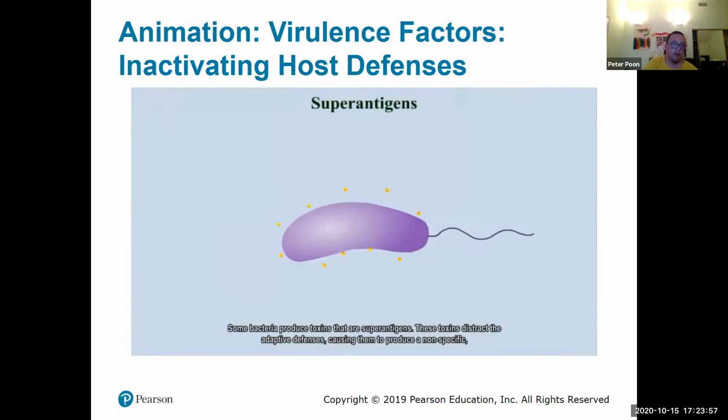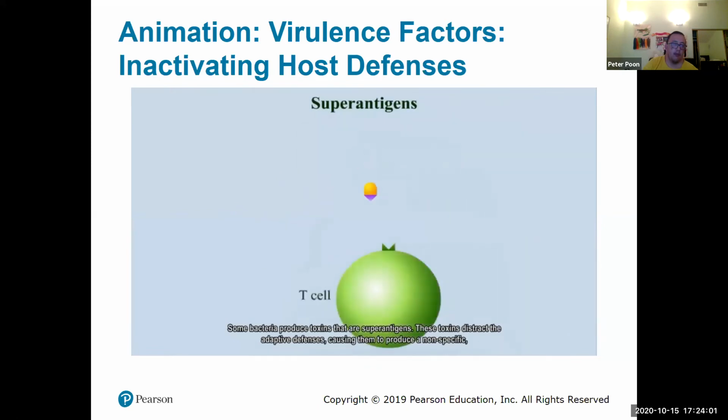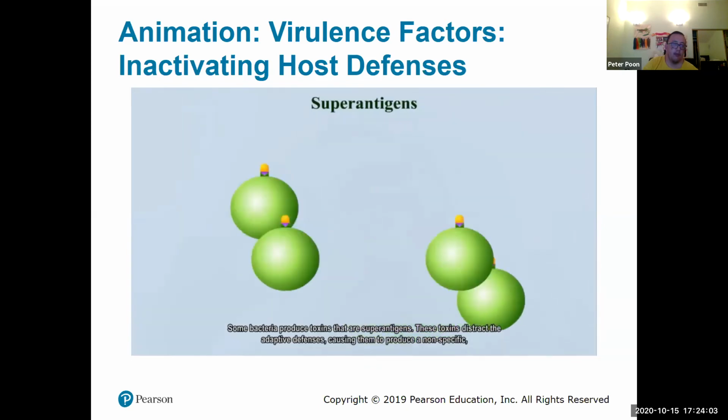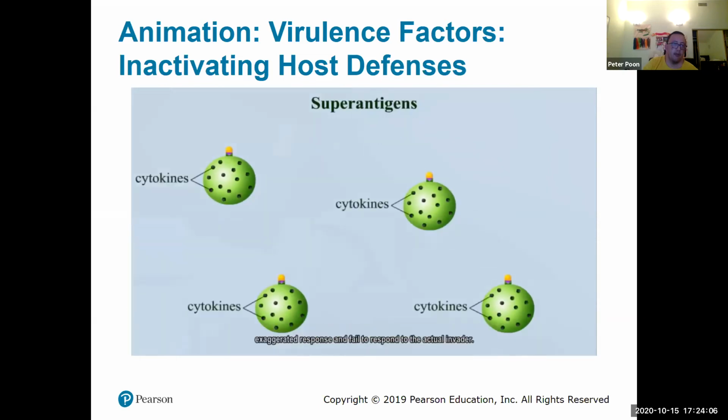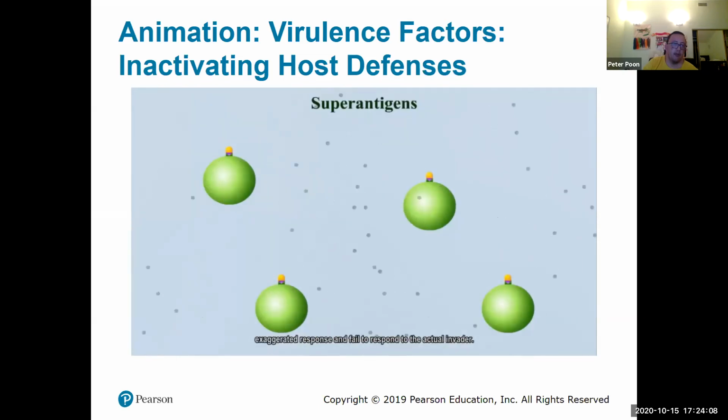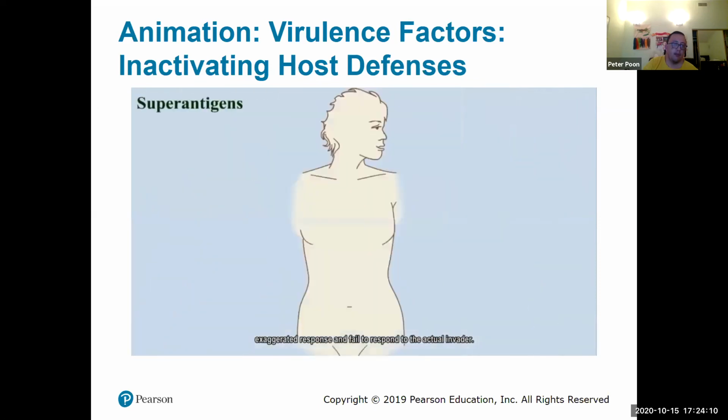Some bacteria produce toxins that are superantigens. These toxins distract the adaptive defenses, causing them to produce a non-specific exaggerated response and fail to respond to the actual invader.